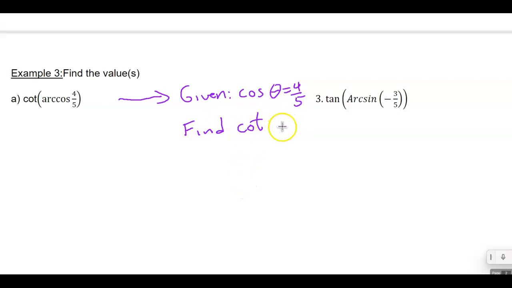Whereas on your test, it actually said, well, here's one of them, find all the other 5, right? You found the cosecant, the secant, the tangent, the sine. If you just have one of them, you can find the other 5 by drawing the triangle. So these are the same question. It's just written in a slightly different way.